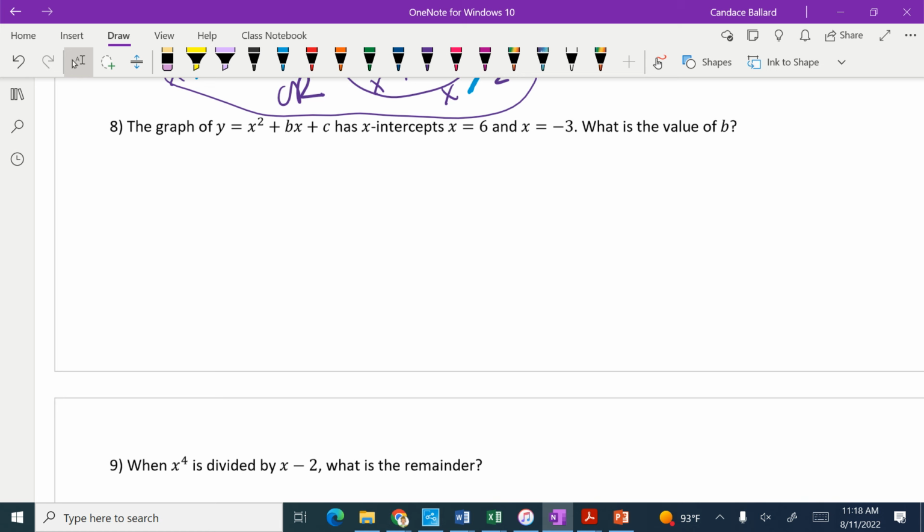You guys actually know what to do. It looks a little crazy, doesn't it? Like, how the heck are we supposed to get B and C when all I know are the x-intercepts? Okay. So remember, if we're quadratic, what that means is we've got a parabola and our x-intercepts are here. Those are also our zeros. They're all the same thing.